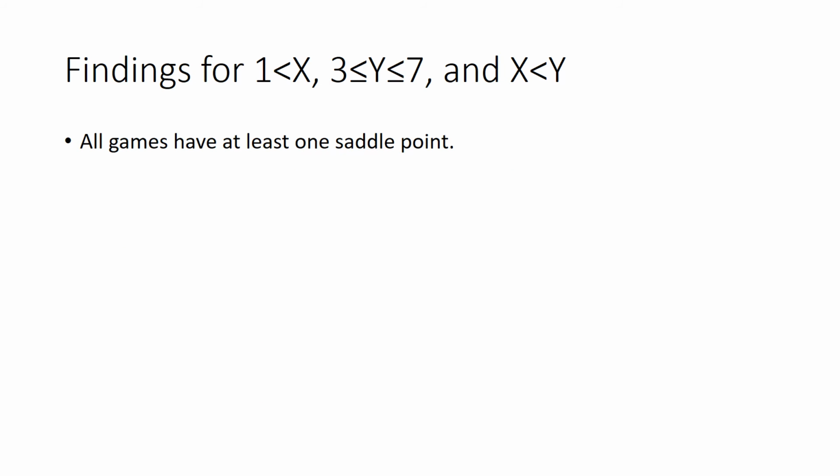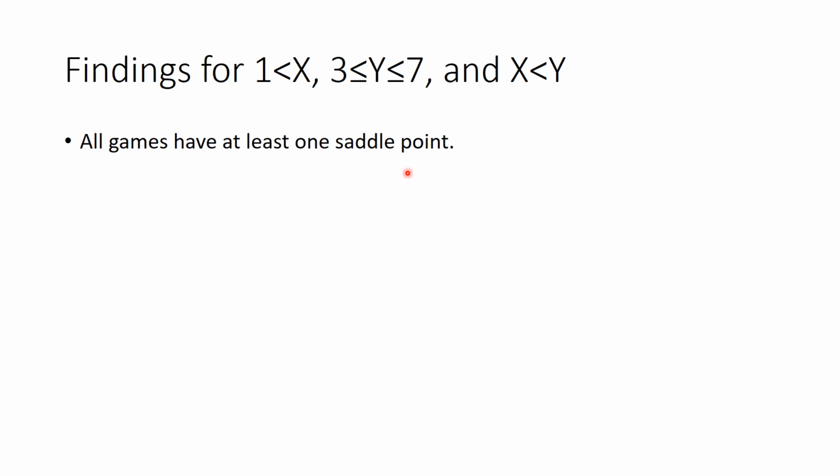After looking at the 2 slides above, we can start creating findings for specific gains for X and Y. So when 1 is less than X's gain, 3 is less than or equal to Y's gain, which is less than or equal to 7, and X's gains are always less than Y's gains.